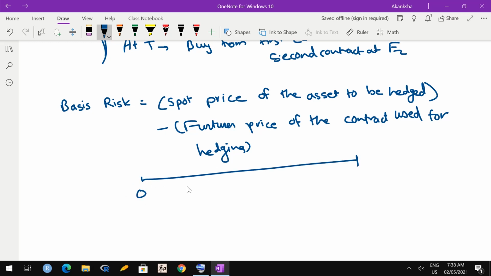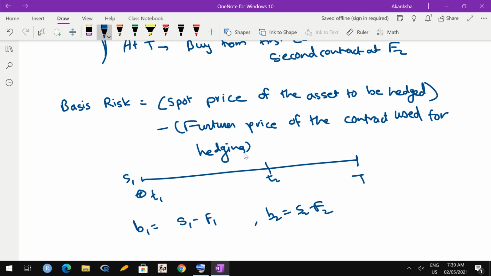So I have timeline 0 to capital T. 0 we are going to call as say T1, then we have somewhere here T2. Okay, so basis risk at time point 1, B1 would be S1 minus F1, okay, and B2 would be S2 minus F2 because these were our notations.